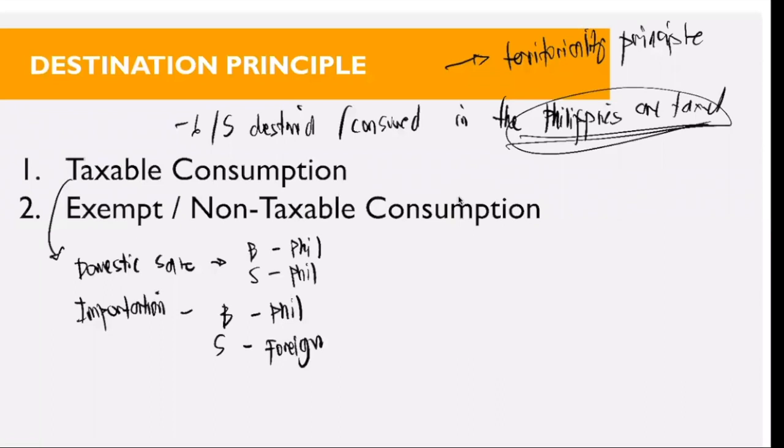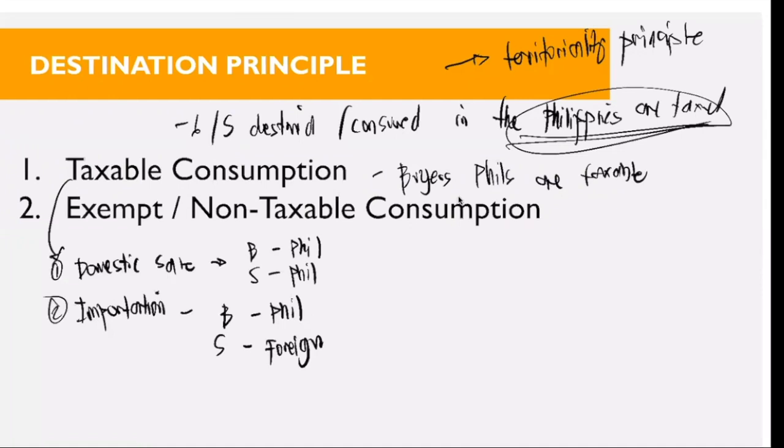So under your taxable consumption, we learned that all those buyers who are in the Philippines are taxable. All buyers from the Philippines are taxable based on your destination principle. Again, on your taxable consumption, we have two.